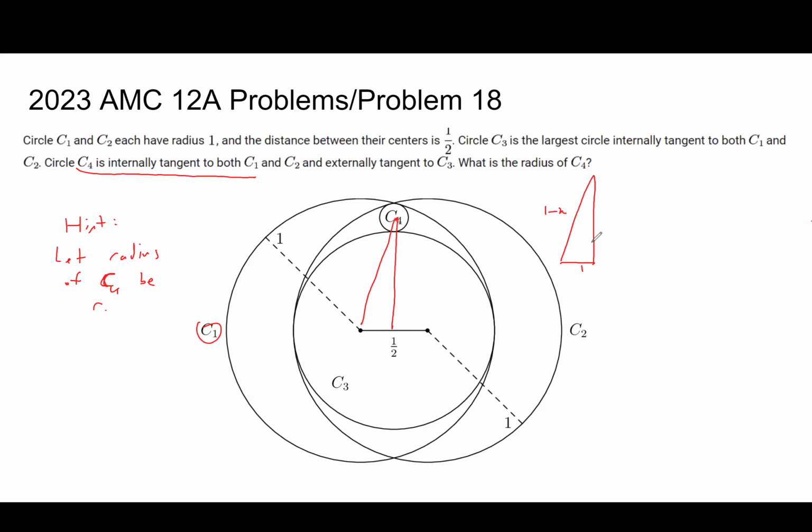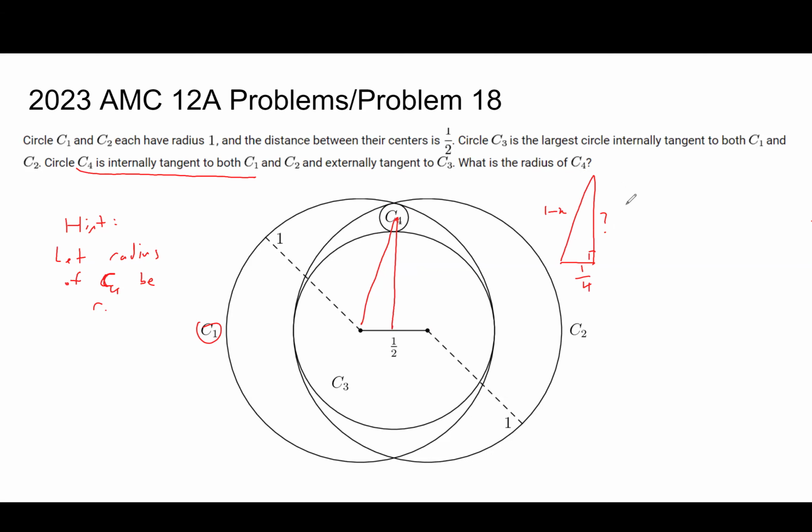And then this distance here will be 1 over 4. Now, this is a right angle triangle, right? So if we could find this length here, represent it in terms of X, then we can simply use Pythagoras to form an equation, and then solve the equation to get X.